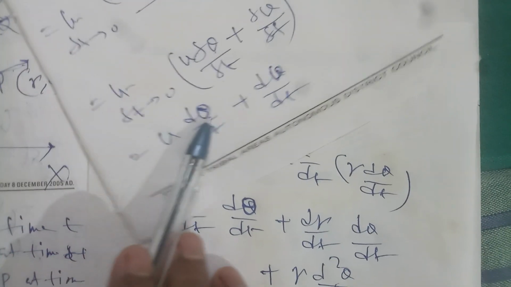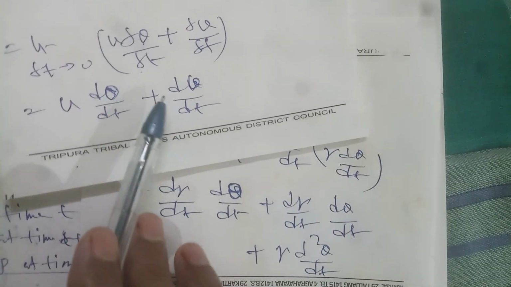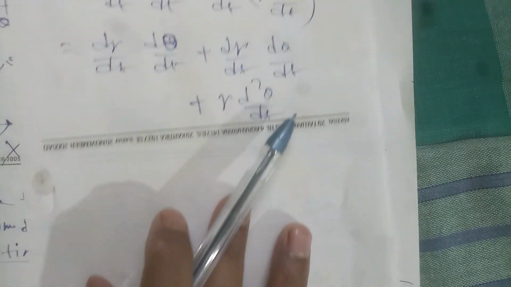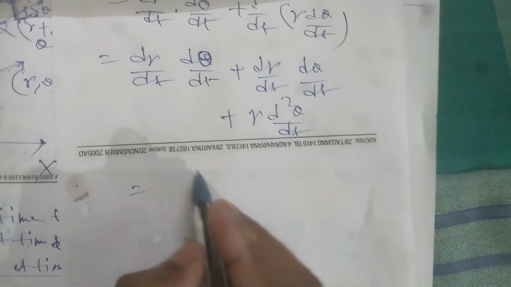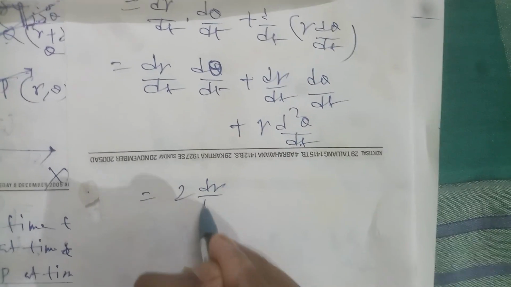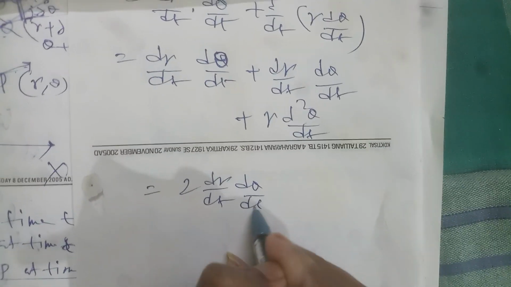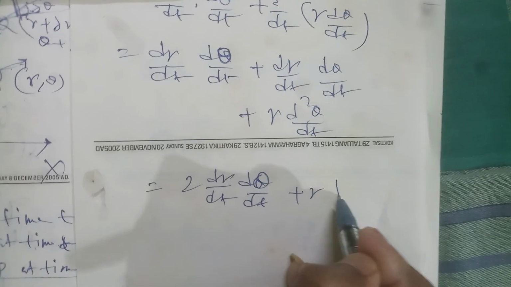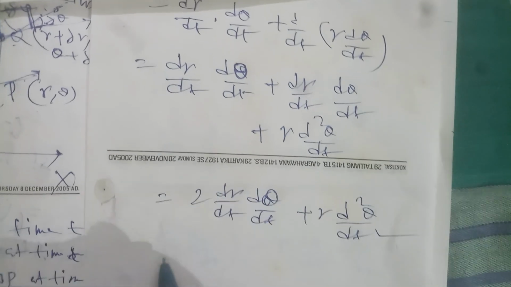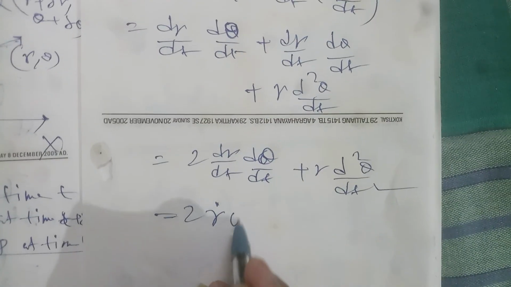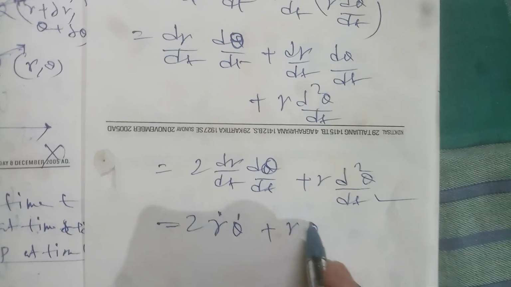So if we simplify this part, just putting the values of U and V, we get this expression. Let us again simplify it. So 2 dr by dt d theta by dt, plus r d2 theta by dt2, or simply 2 r dot theta dot plus r theta double dot.